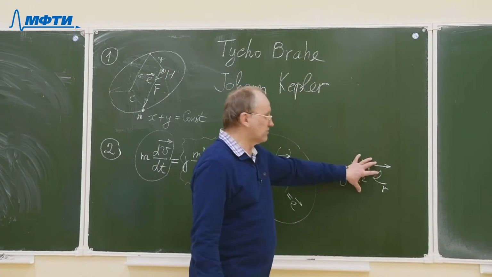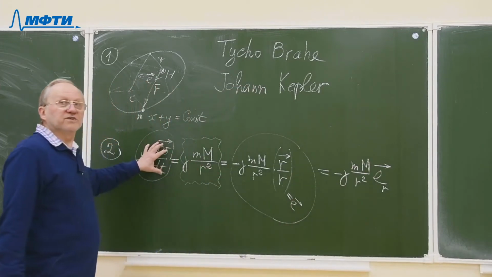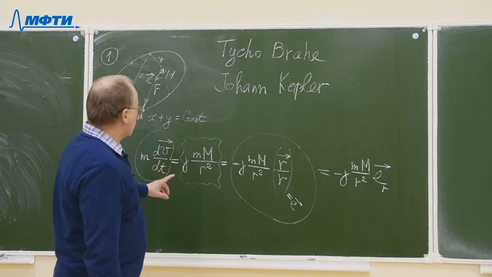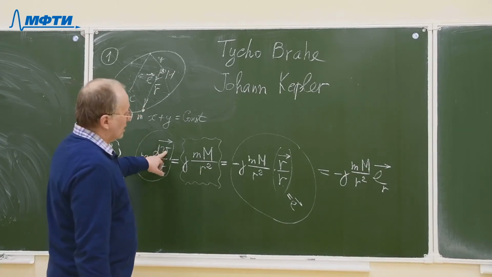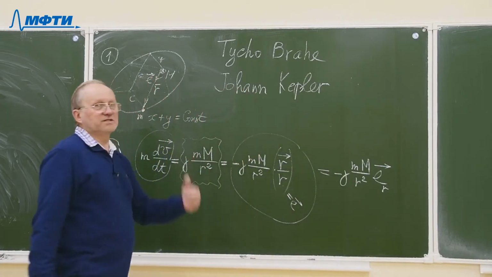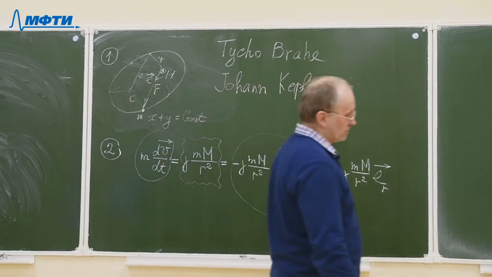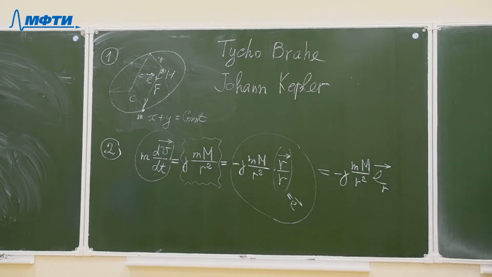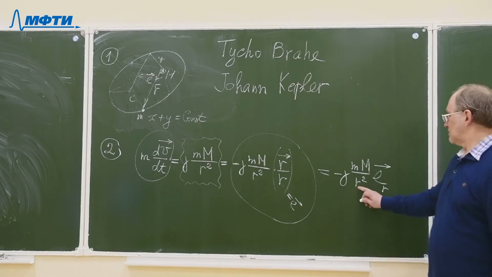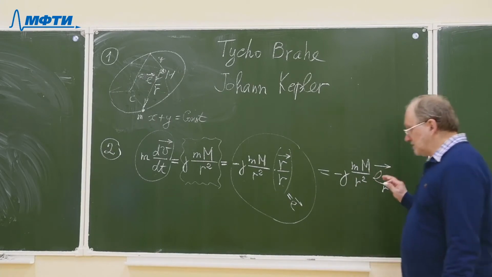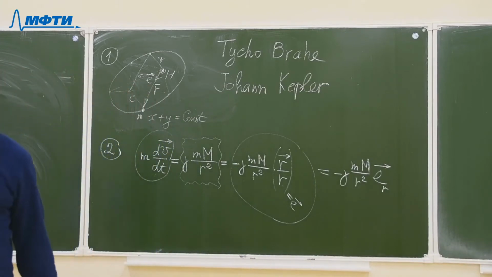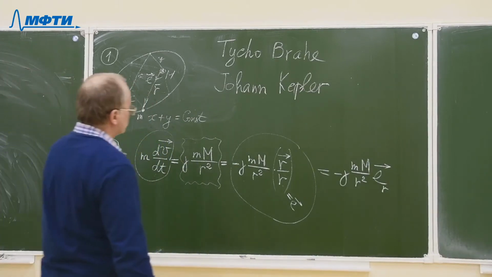It's possible to exclude time and imagine velocity as a function of the radius vector, so that will be a differential equation with respect to the radius vector. And we can find the velocity as a function of distance to the sun. This is a mathematical problem. This differential equation can be solved, and Newton did it. He successfully solved this equation.